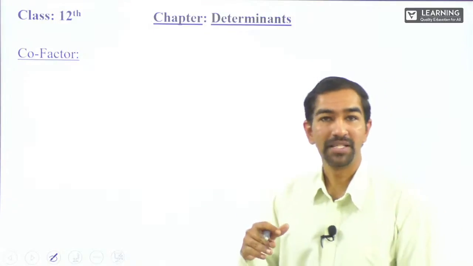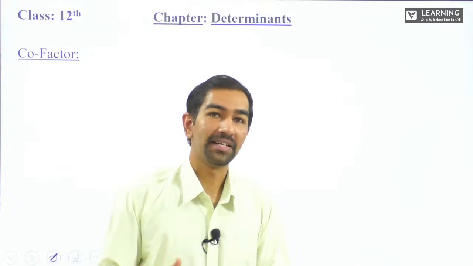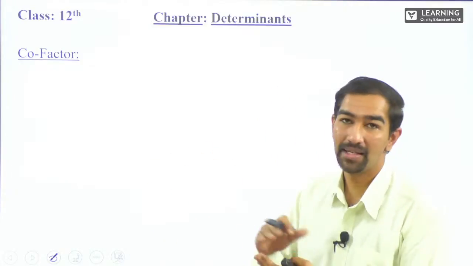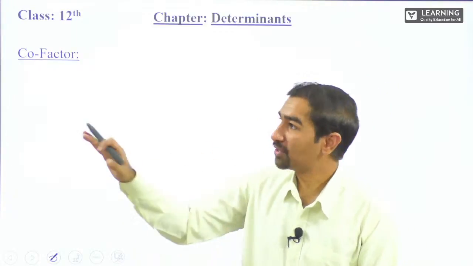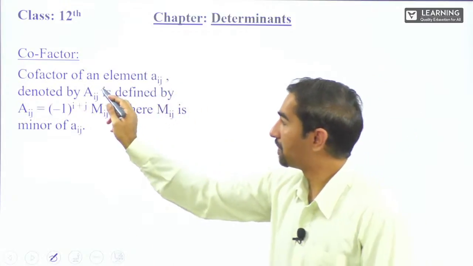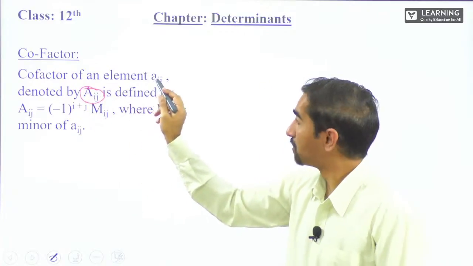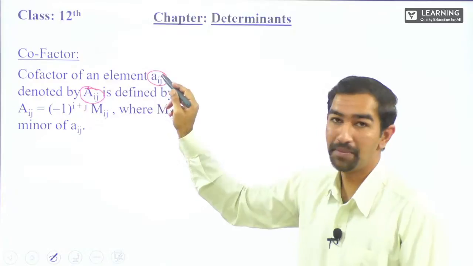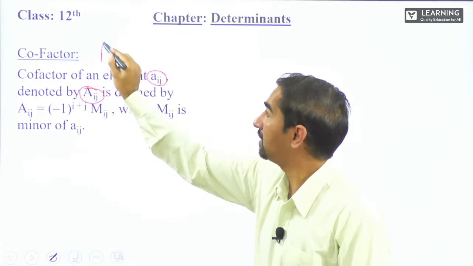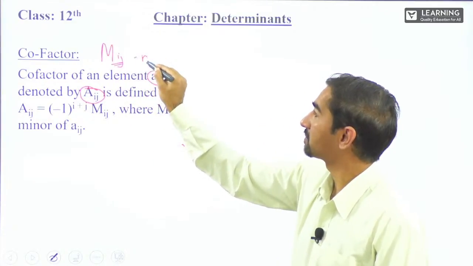Cofactors. So students, when we started evaluating determinants of order 1, 2 and 3, I said your cofactors are nothing but signs. Okay, so there I had to say it like that because we have to evaluate the determinant, right? But actually, what is cofactor here? The cofactor of an element Aij is denoted by capital Aij. Small aij are the entries of a matrix, capital Aij is nothing but the cofactor, and capital Mij is nothing but the minors.